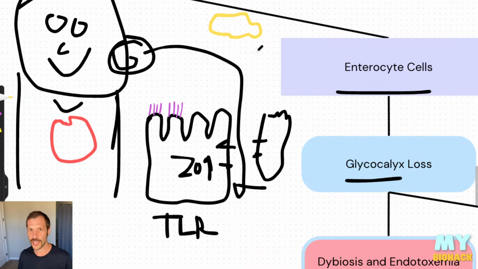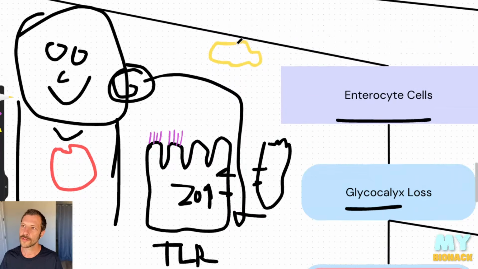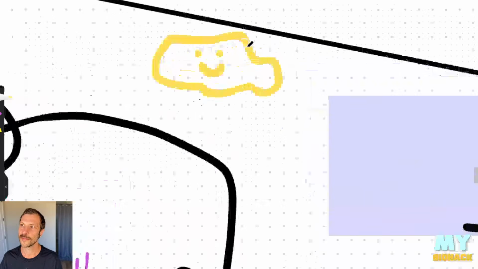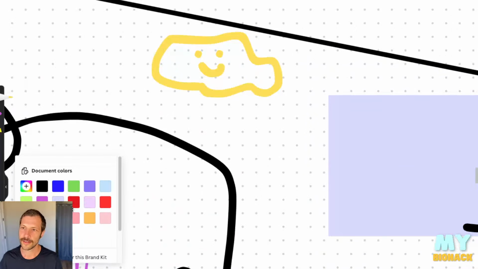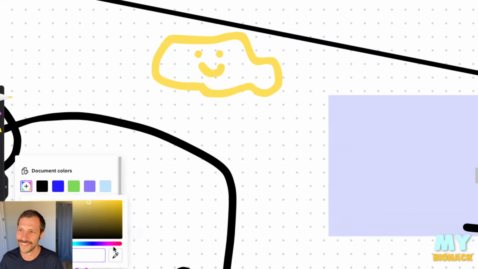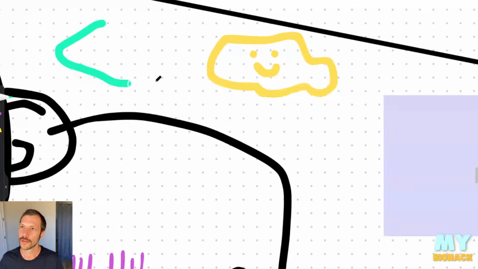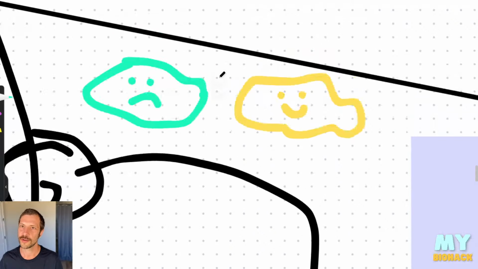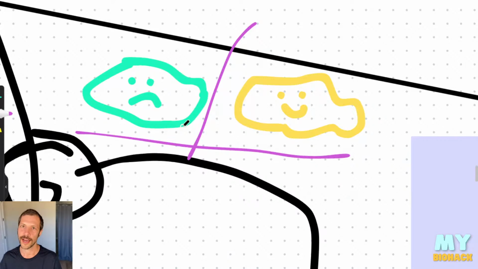I mean, they have a whole communication system, but this horizontal gene transfer allows them to turn from good bacteria, look how cute that little good bacteria is, into angry, bad bacteria. And then you get dysbiosis because this balance here is off. You got a bad balance between these two guys.